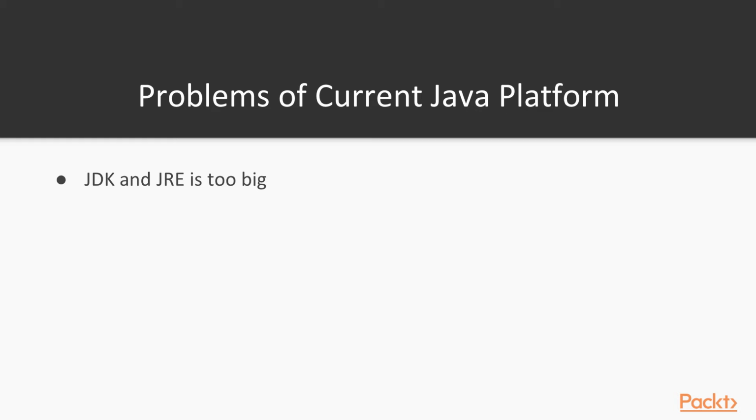As the JDK is too big, it's better to scale it down for small devices. 3 types of compact profiles to solve this problem were introduced in Java SE 8, compact profile 1, 2, and 3, but it does not solve this problem as they are static and not customizable.